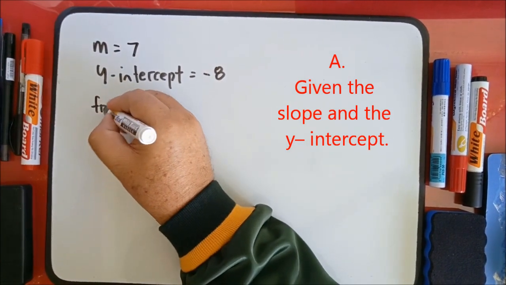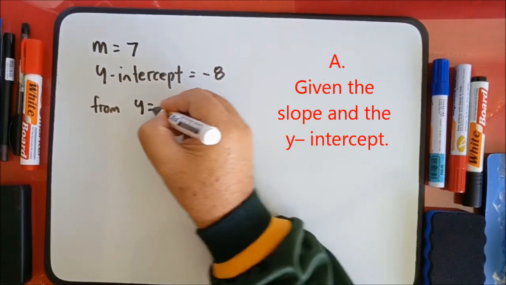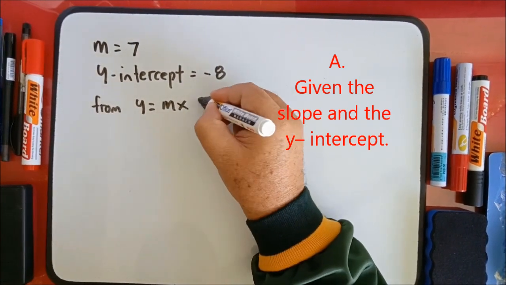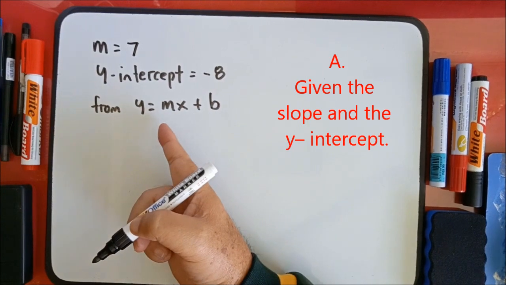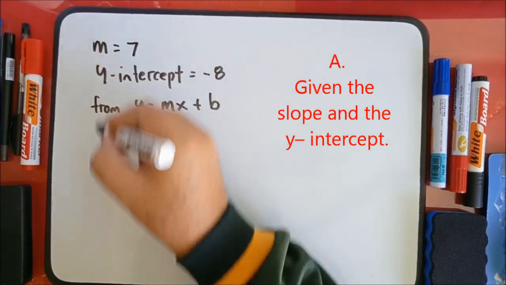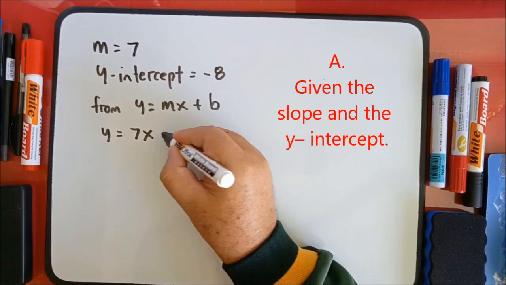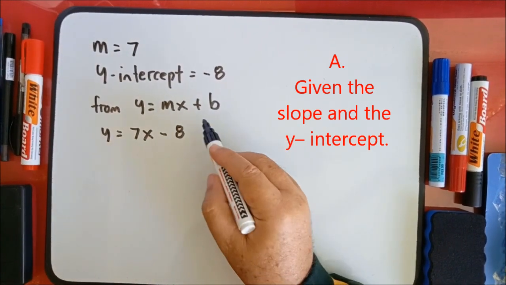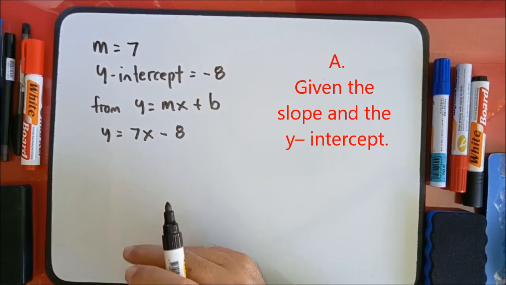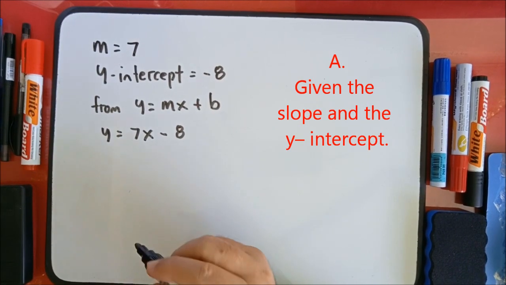From y is equal to mx plus b, this is our slope-intercept form, substitute: y is equal to 7x minus 8. Why negative 8? Because the y-intercept is equal to negative 8.